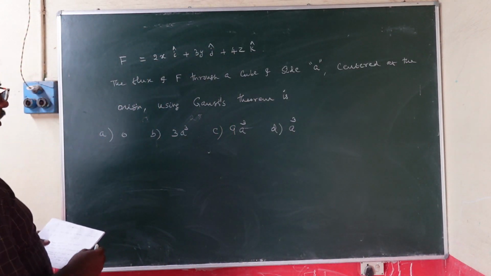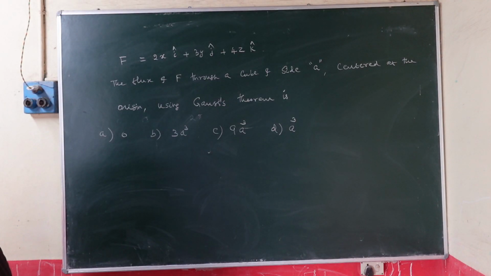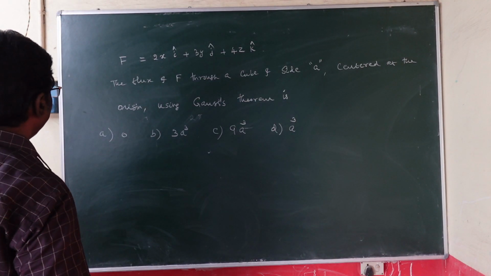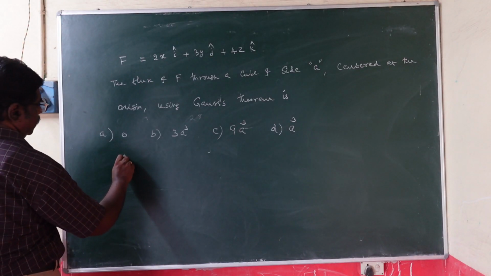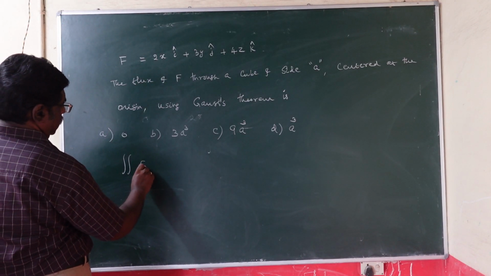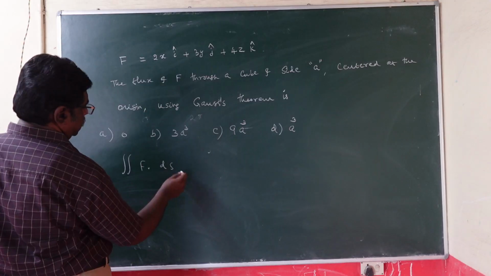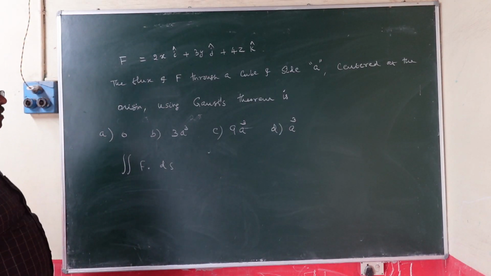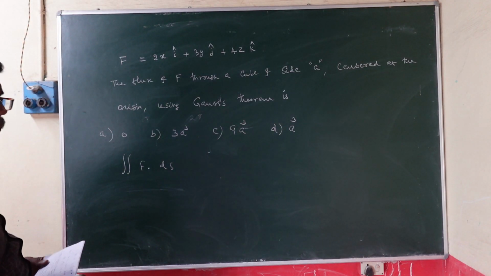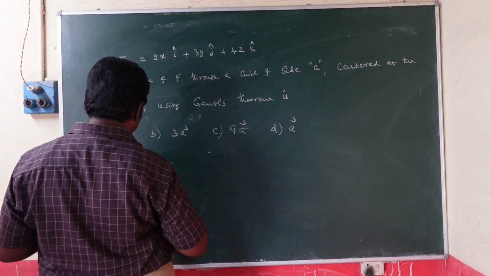Now we have to use our Gauss divergence theorem. The value of F is given to you. F dot ds. Gauss divergence theorem changes the surface integral into volume integral.